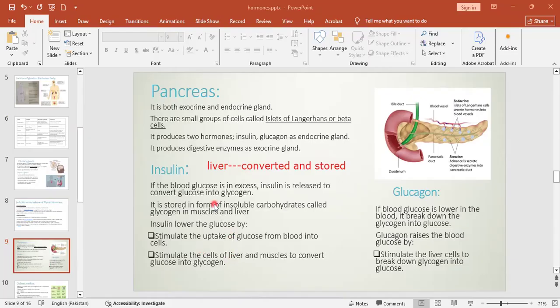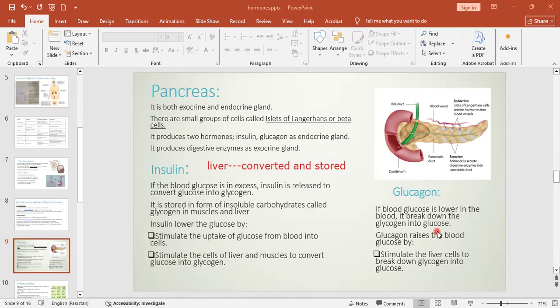Another hormone produced by the pancreas is known as glucagon. Glucagon is the opposite of insulin. If insulin is converting glucose into glycogen, glucagon is converting glycogen back to glucose. When your glucose level is lowering, or when you're utilizing it, especially when you're exercising, playing, or fasting, then this glycogen is converted back into glucose.